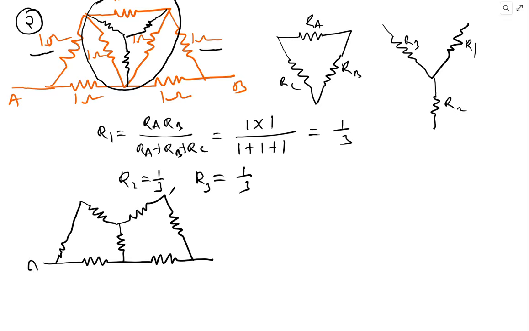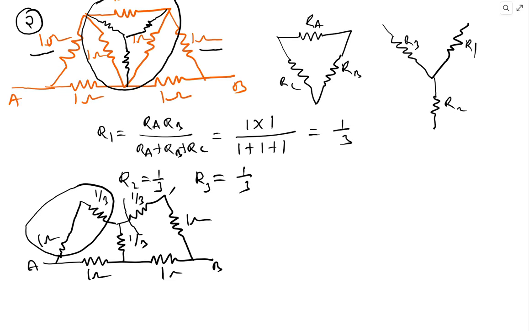Now you can see the problem becomes simpler. This is 1 ohm, this is 1 ohm, this is 1 ohm. These are already existing, but this is 1 by 3, this is 1 by 3, this is 1 by 3. Now 1 and 1 by 3, these two are in series and these two are in series. So just add them. You will get the figure like this here.